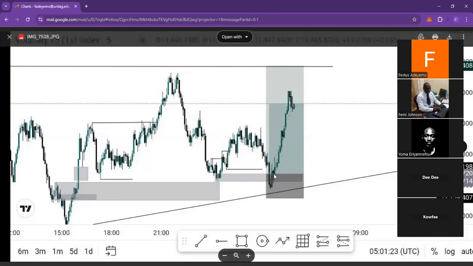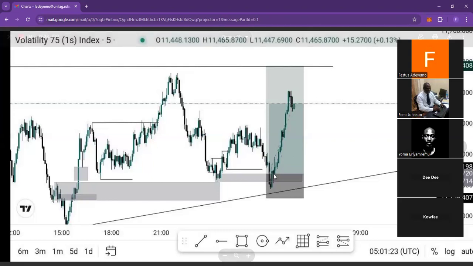Some people might want to be very conservative with their losses, and maybe their risk appetite is very low. After they have entered this trade, what they want to do is move the stop loss into profit. Once they see that this market has run up and is buying around this place, because this place here is showing you a junction, they may not want it to break this junction.